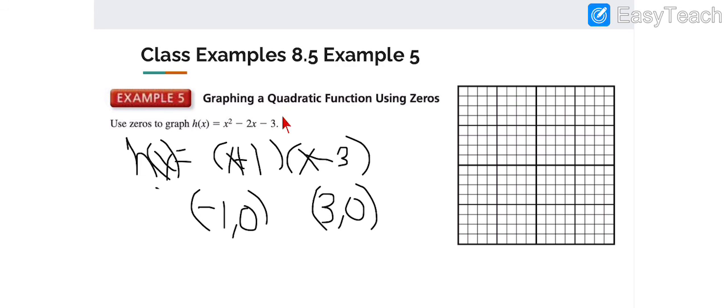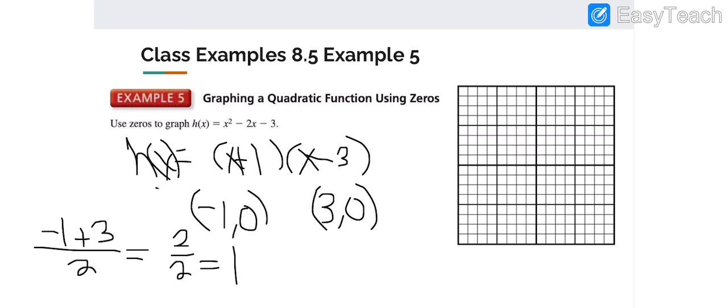We also know that this one has a y-intercept of negative 3, and it would be an increasing parabola. We would still have to figure out our vertex. Our vertex again occurs when we average these two, so negative 1 plus 3 divided by 2 would be 2 divided by 2, which is just 1.